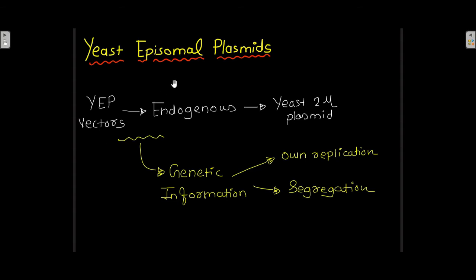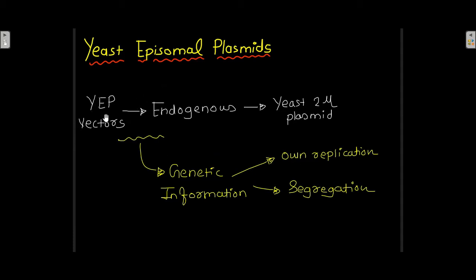So let's discuss the 4 major types of yeast vectors that we talked about, and we will start with the yeast episomal plasmid, which is abbreviated as YEP.